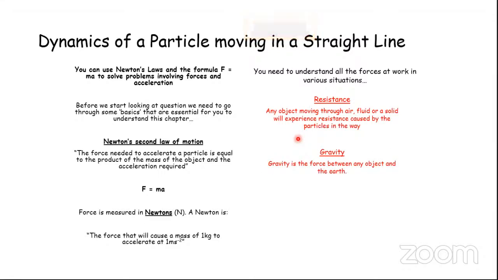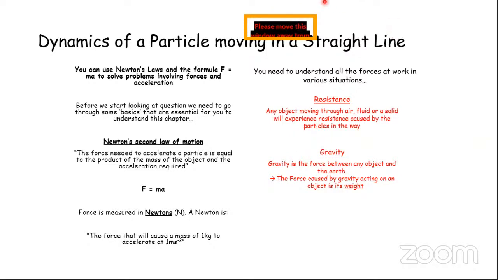Then we have gravity. We had briefly talked about it. It is that force that pulls an object towards the center of the earth, and it is given by g. The force caused by gravity acting on an object is called its weight. So if an object is being pulled towards the center of the earth, the force that we get is weight, which is equal to mass times acceleration.